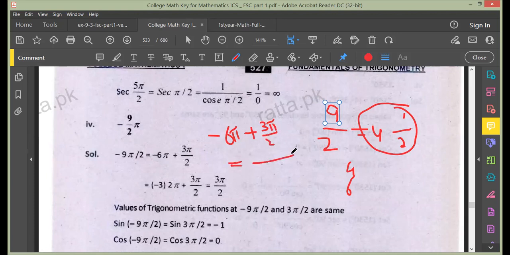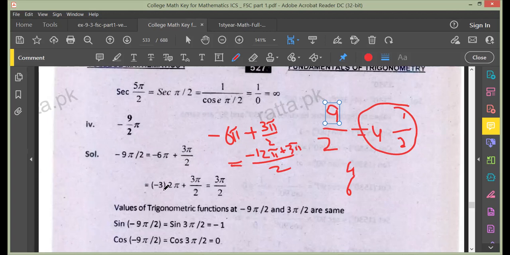After taking the LCM, this will be equal to minus 12 plus 3 over 2. Because we have to write a positive angle second, there is no possibility other than 3 pi over 2. So our second angle will be 3 pi over 2.